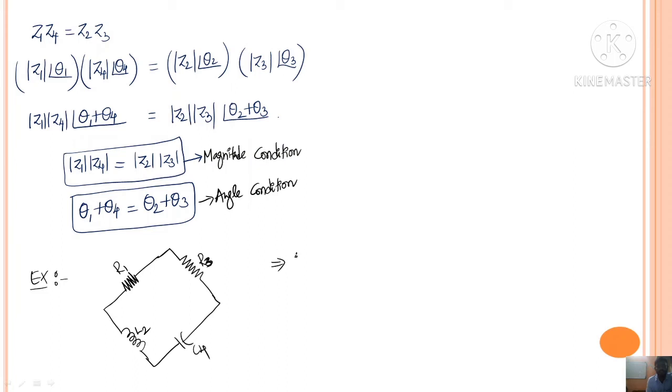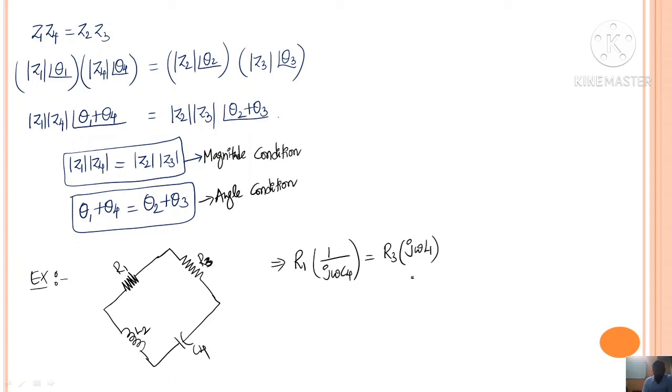So we can consider this as R1, and the impedance of this capacitance is 1 by j omega C4, and it must be equal to R3 into impedance of this pure inductance is j omega L2. Now comparing the real and imaginary terms, as these both are imaginary terms, you can compare it easily and you can find the balance condition.